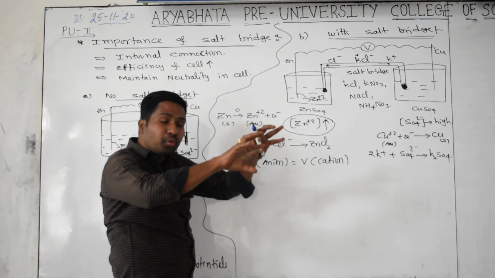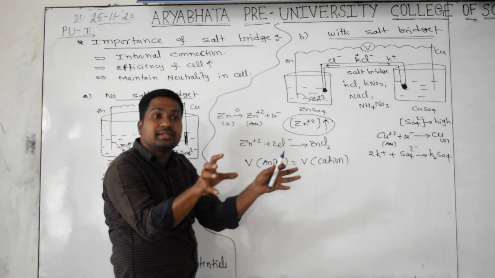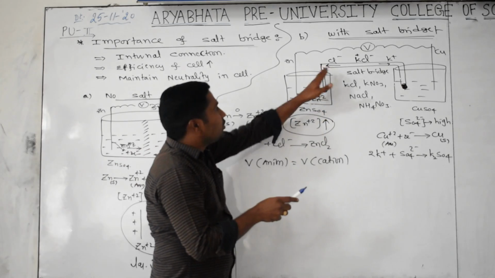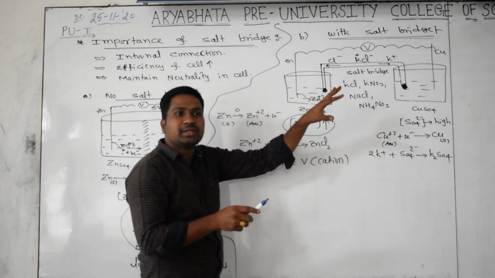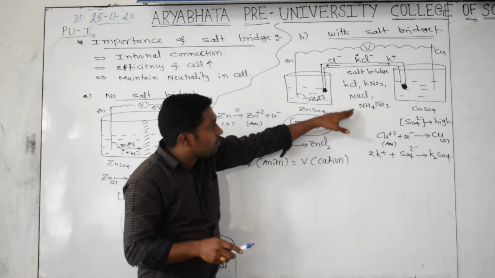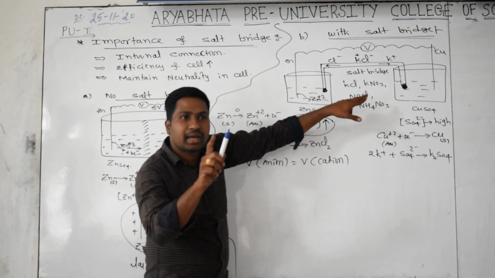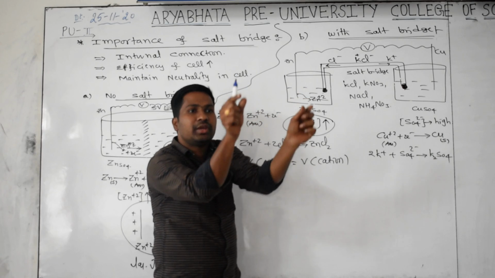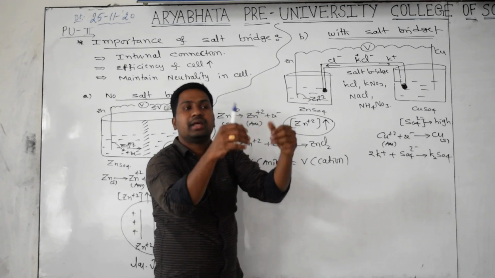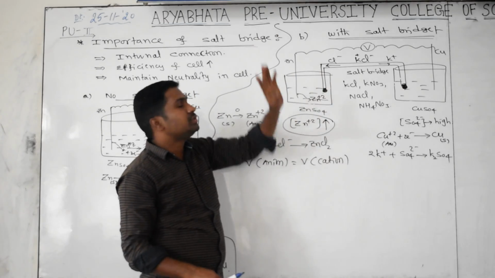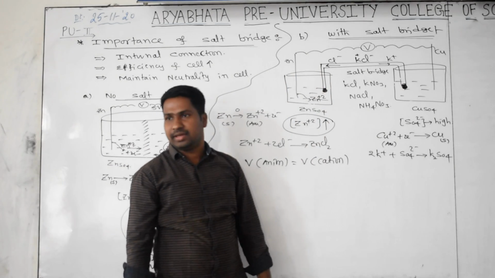At a time, both components are neutralized equally. Then there is no problem. Otherwise, if one goes slowly and one goes fast, some imbalance will appear. That's why if you take these 4 chemicals, the cation speed equals the anion speed. At the same time, they go into the two containers. Then neutrality will be maintained for a long time. That's why the efficiency of this cell will keep increasing.